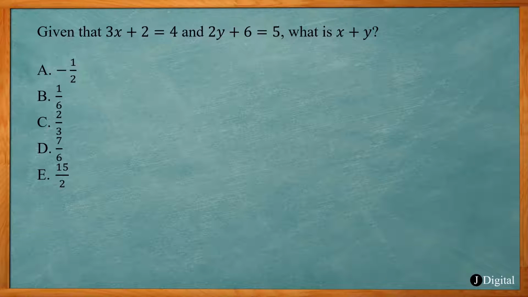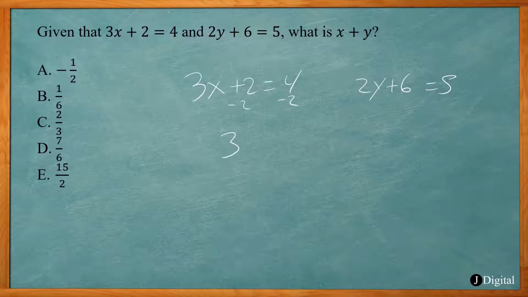So this one says, given that 3x plus 2 is equal to 4, and 2y plus 6 is equal to 5, what is x plus y? Alright, so on this one you figure out what x is and what y is. So I'm going to solve this first one for x, so subtract 2 from both sides. x equals, then divide both sides by 3, x equals 2/3.